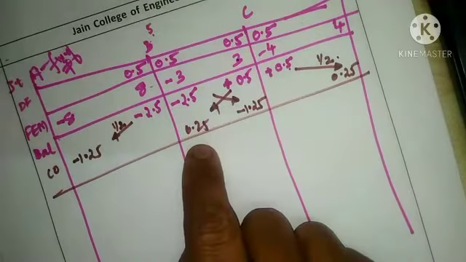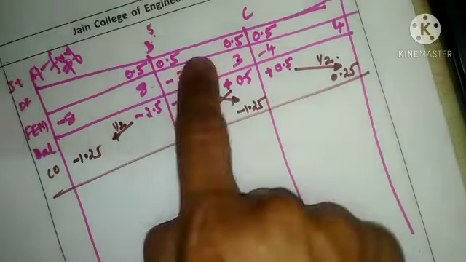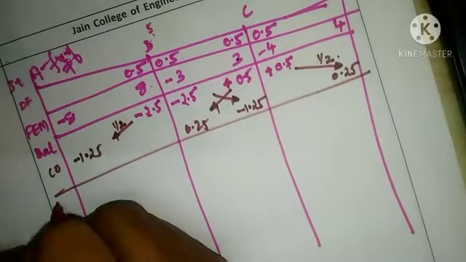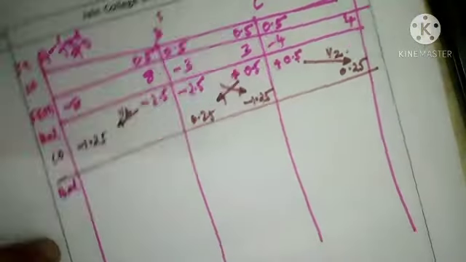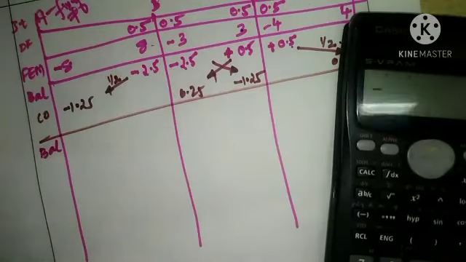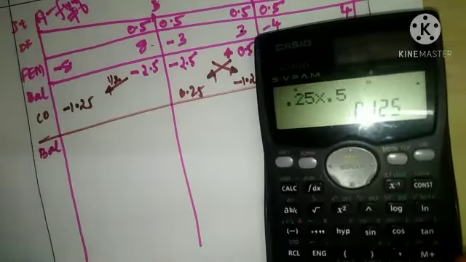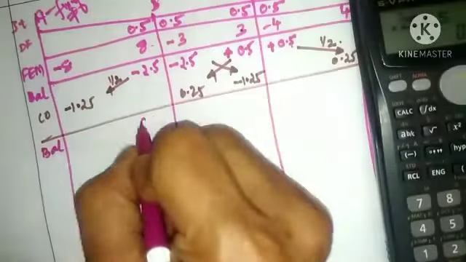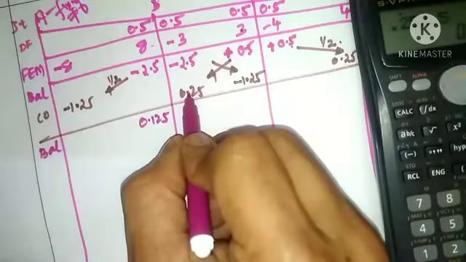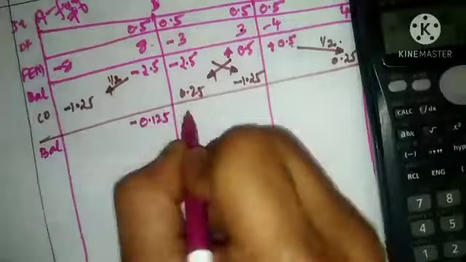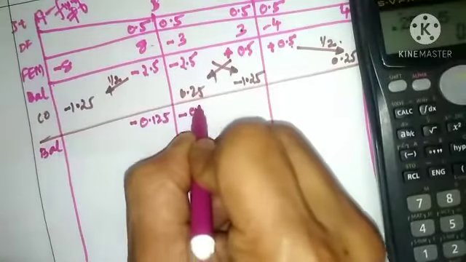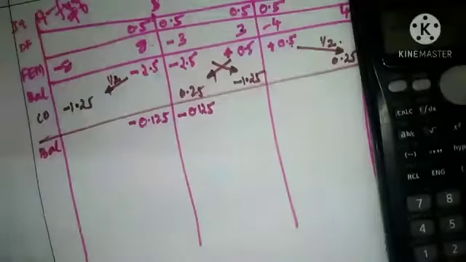Now the next value will be 0.25 multiplied by 0.5. This particular procedure is again called balancing. So 0.25 multiplied by 0.5 comes as 0.125. Here the sign is positive, so both signs will be negative here, 0.125 and 0.125.